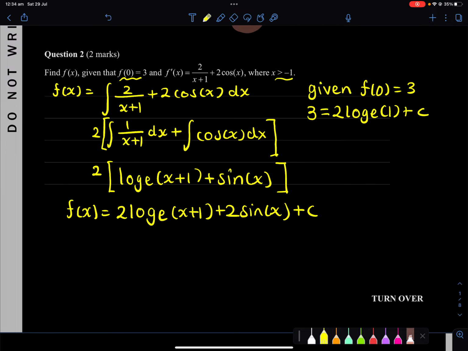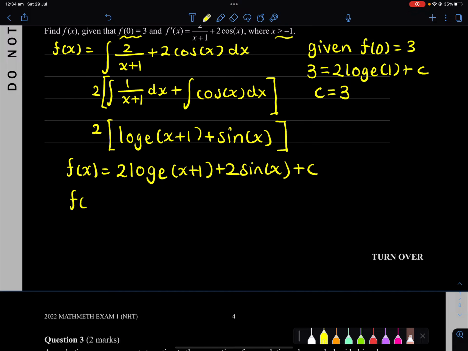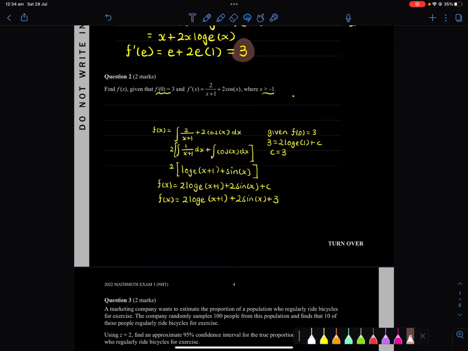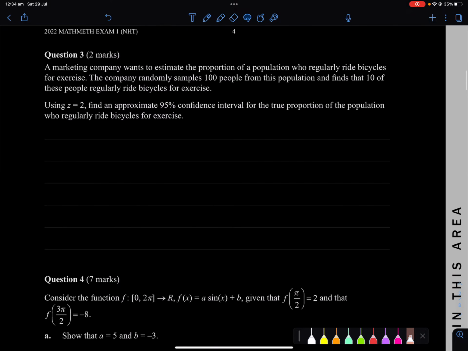And we know that log e of 1 is 0, so we're saying that c is actually equal to 3. Knowing that, we can finish f of x, your final answer, as 2 log e of x plus 1 plus 2 sine x plus 3. That's your final answer. I'll just make this a little shorter so it fits perfectly. Okay, like that. Let's move on to the next question.